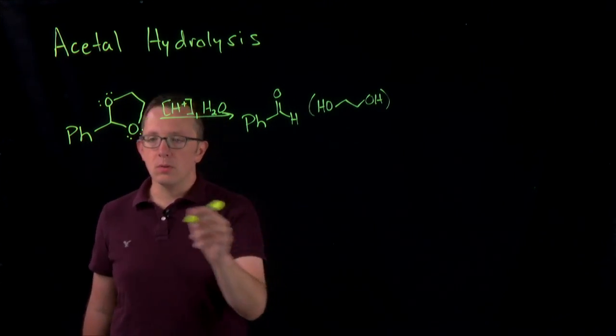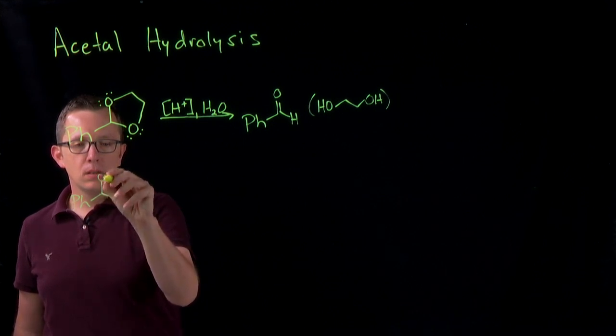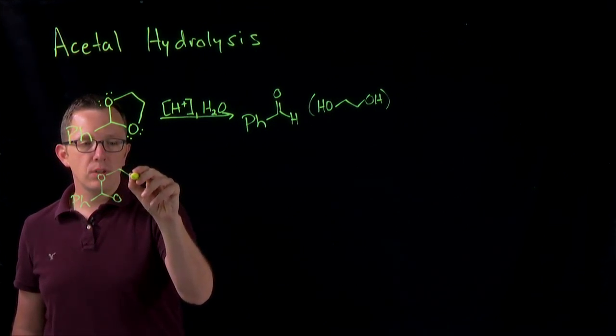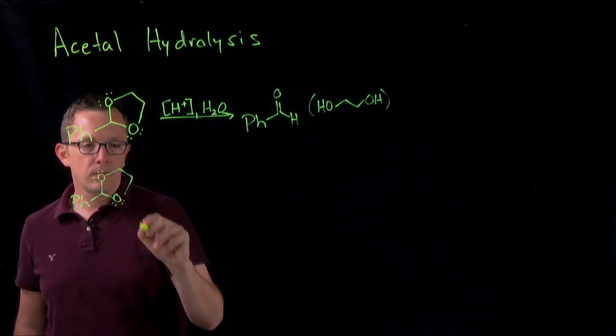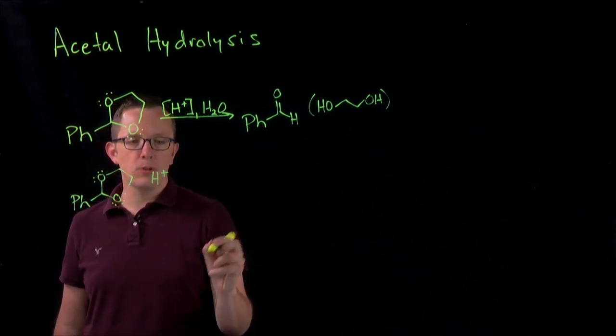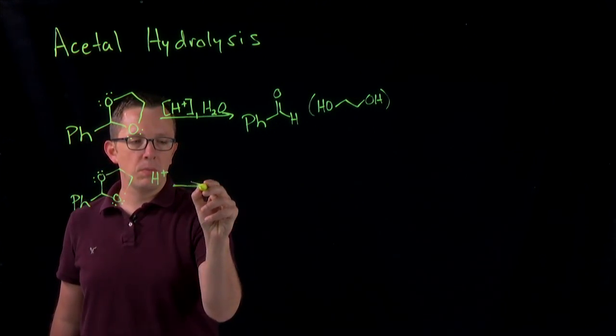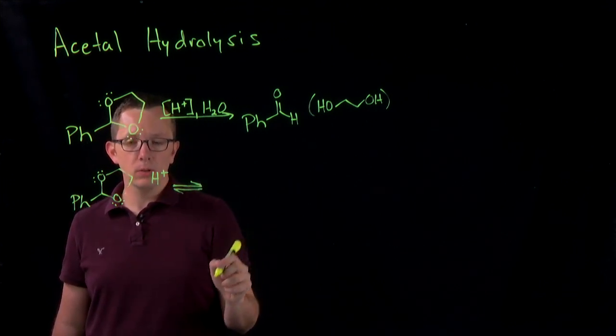So in this mechanism, first step is going to be protonation of our acetal. So we're going to use H plus as our proton source. Remember, all of these steps are equilibrium steps, so they go forwards and backwards.